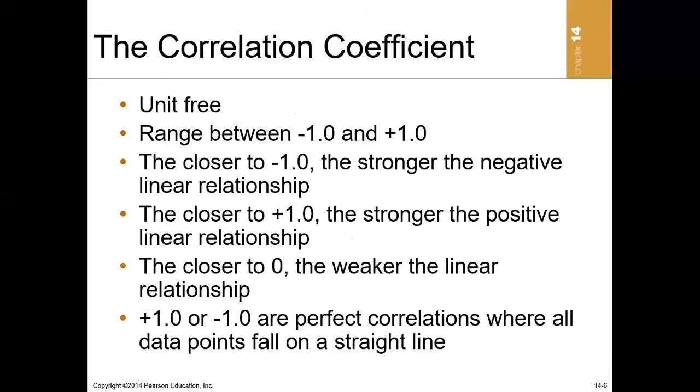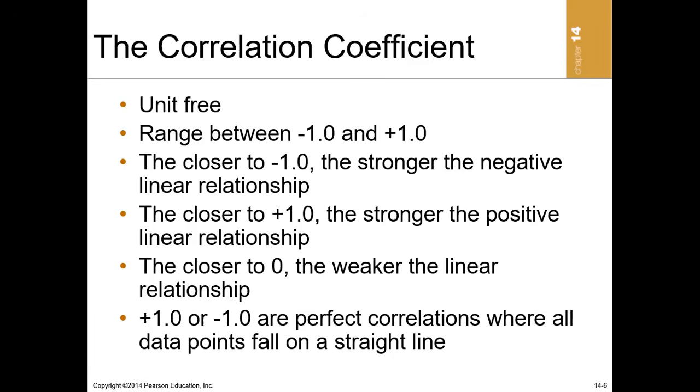Now, as I mentioned, the correlation coefficient ranges between -1 and +1. One of the things you must realize is that the way the formula is designed, it eliminates all the units of measurement. In other words, it is unit free.